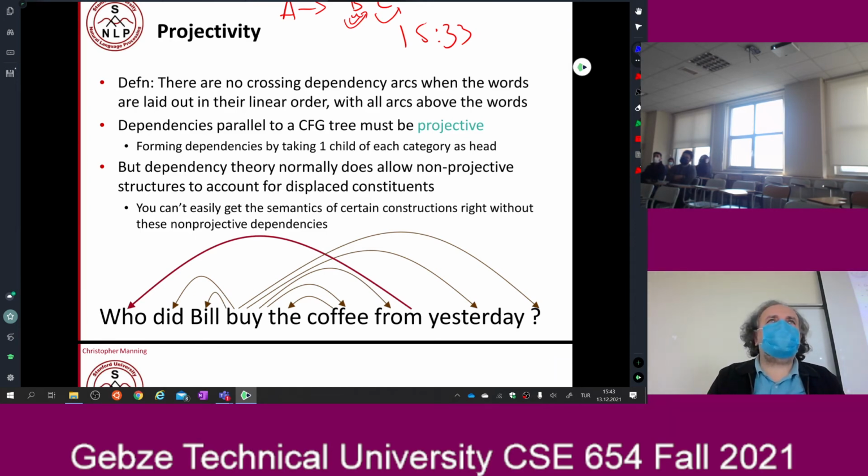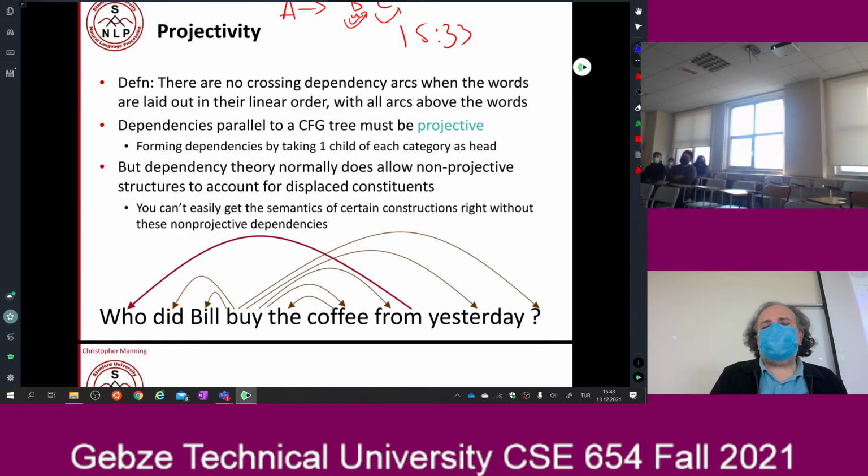But projective grammars are more powerful, and they are used for explaining some of the sentences. Otherwise, that wouldn't be explainable.